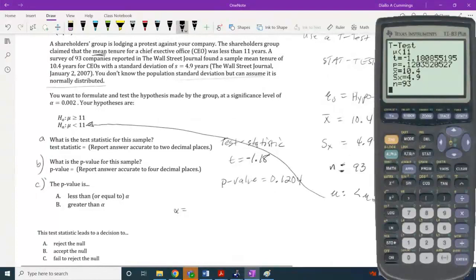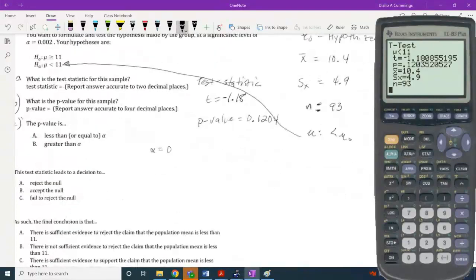It was 0.002. The p-value is 0.1204. So notice that the p-value is greater than alpha. So that means we have a high p-value because it's higher than alpha, which is the significance level.